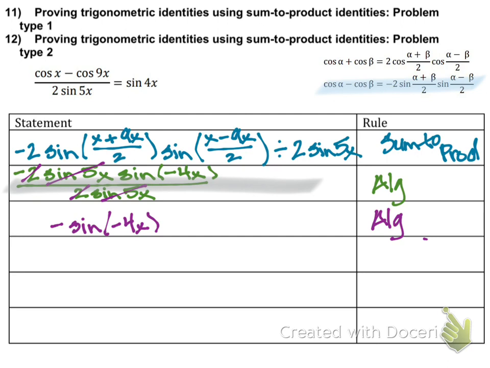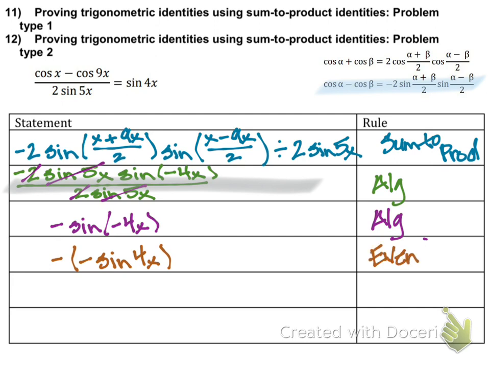Then what am I going to use? Well, we've got to get rid of that negative 4x on the inside, right? So I'm going to have negative sine 4x, because that's even odd, right?